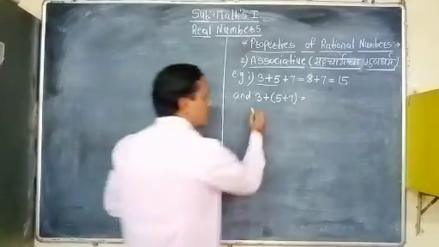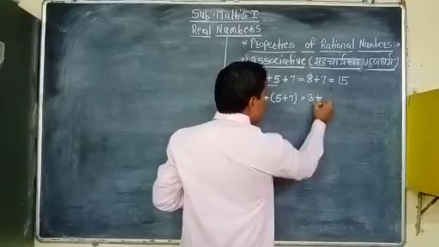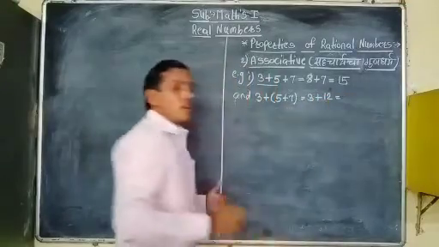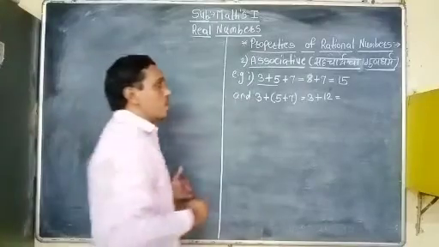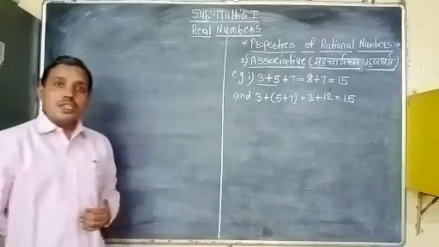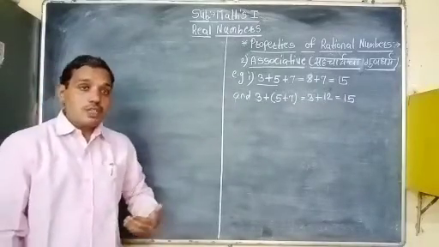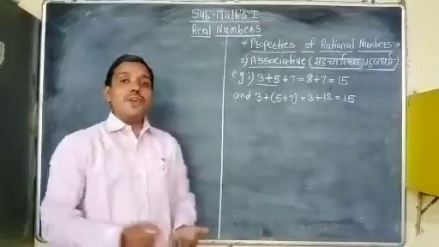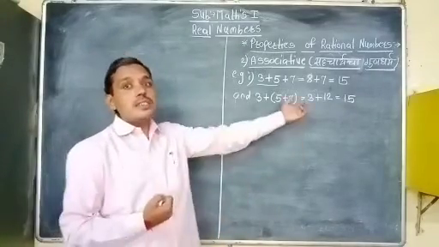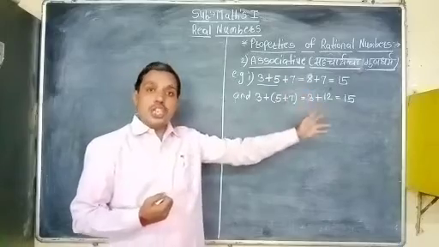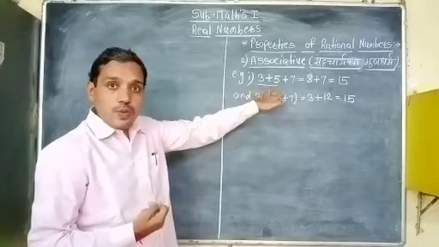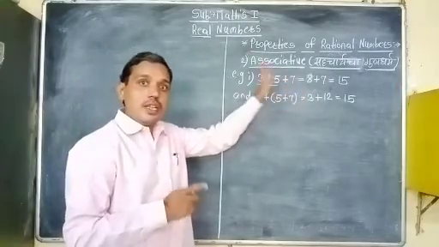So 5 plus 7 is 12. 3 plus 12. What is the addition of 3 plus 12? It is 15. 3 plus 12 is 15. That means when we have seen them, if we regroup the numbers, the answer never changes. First we added 3 plus 5 and then we added 7 to that sum.